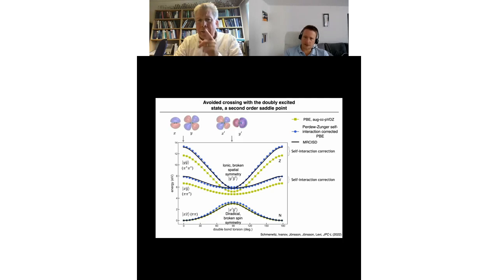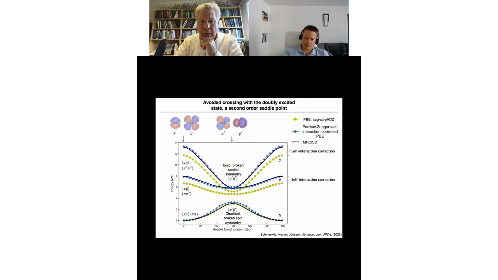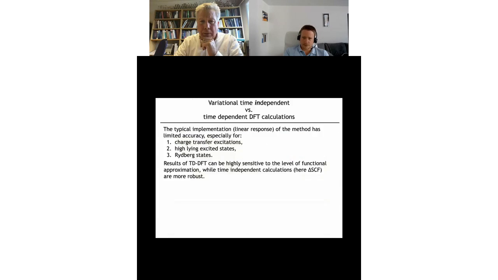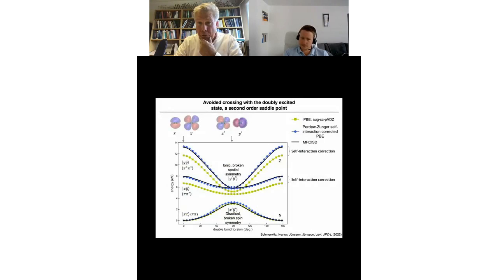Another thing I wanted to mention, and I wonder if I have it here, I don't have it, is that we apply self-interaction correction. That can be important, especially when you're comparing two different energy surfaces, because the self-interaction may be different for different energy surfaces.